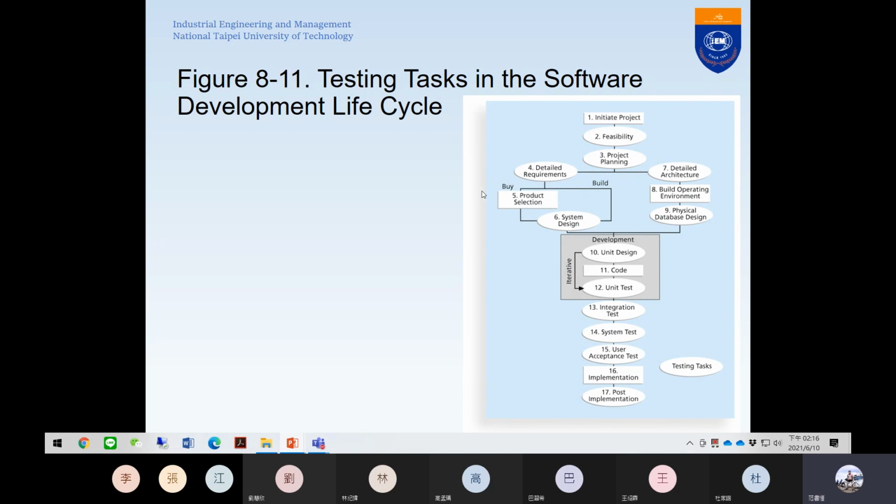You are sourcing: you outsource, or buy it, or build it yourself, and then go to system design. Number 7, detail architecture. If you build it yourself, you build the operating environment, then the physical database design.